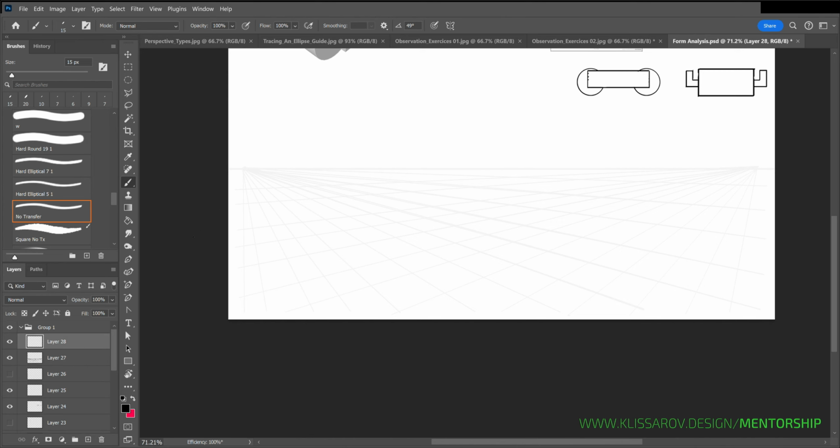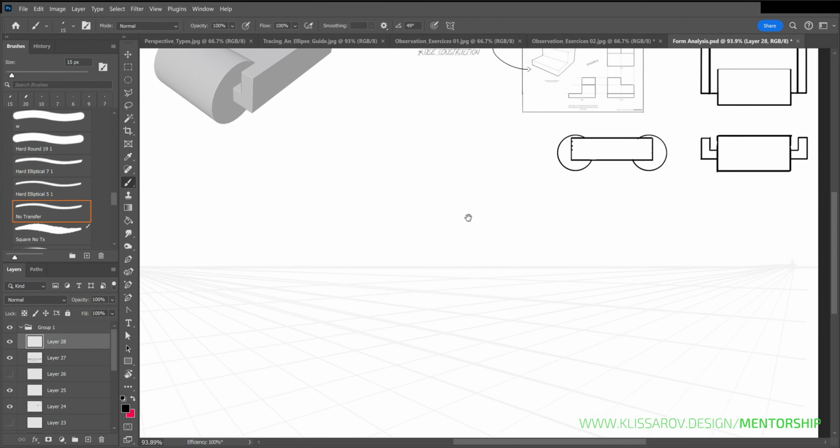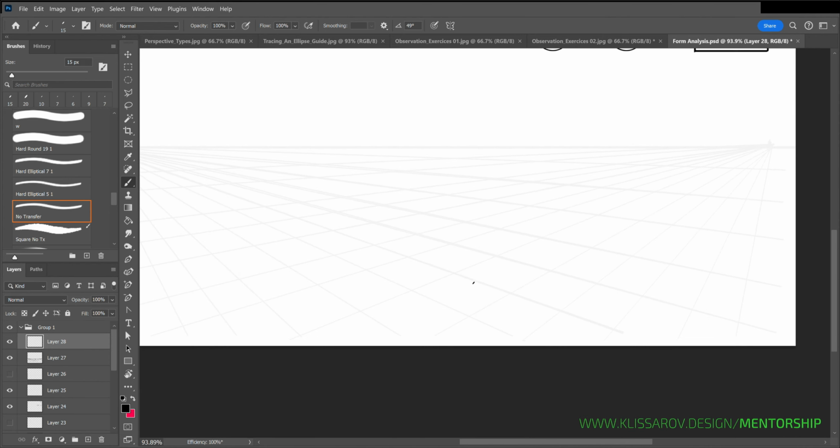As I said, I'm not going through how we build the perspective and perspective theory at this stage, because it's quite long. I just want to adapt the shape that I have analyzed and understood, and redraw it.